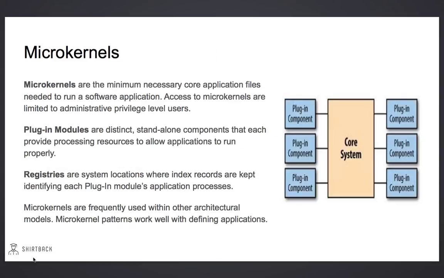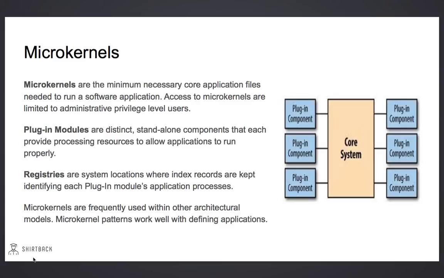Microkernels are the minimum necessary core application files we need to run an application. Access to microkernels are limited to administrative level users. Plugin modules are distinct standalone components that each provide processing resources that allow the application to run properly.